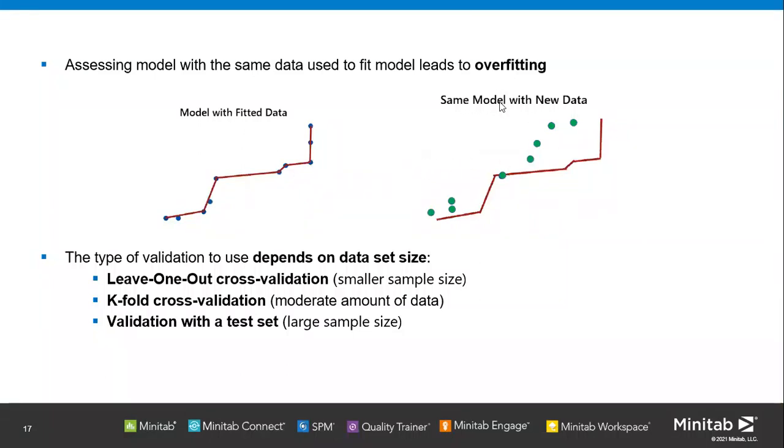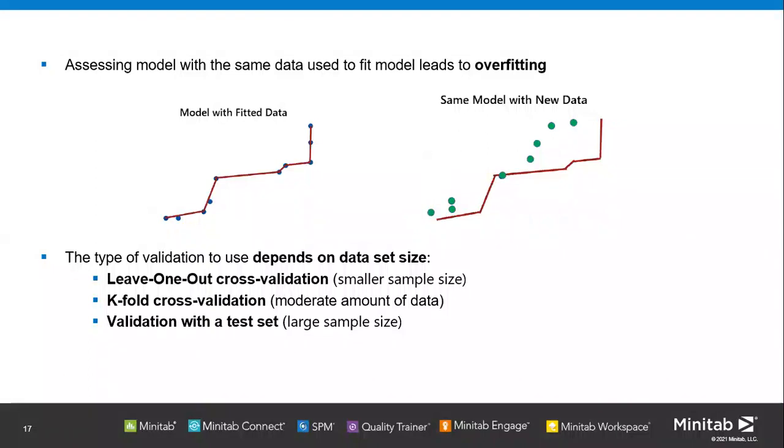To avoid this, they came up with validation. The common types of validation in the market right now are leave-one-out cross validation, which I think is closer to the traditional way, then K-fold cross validation, and then validation with a test set. All of these depend on the data set.